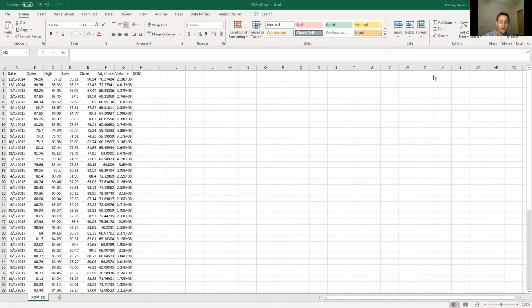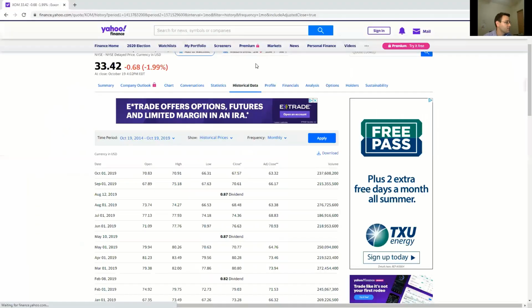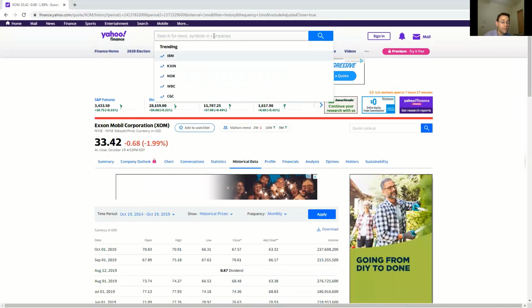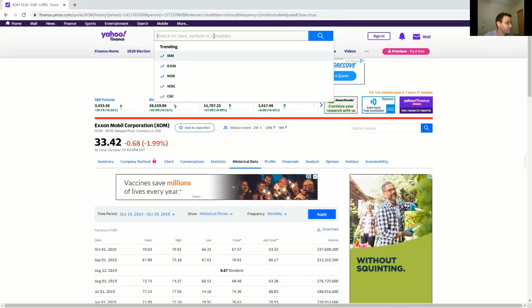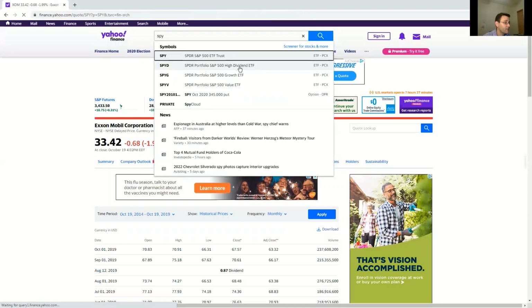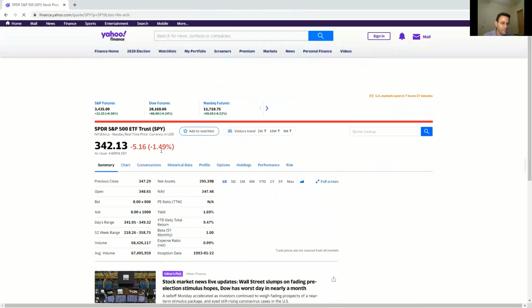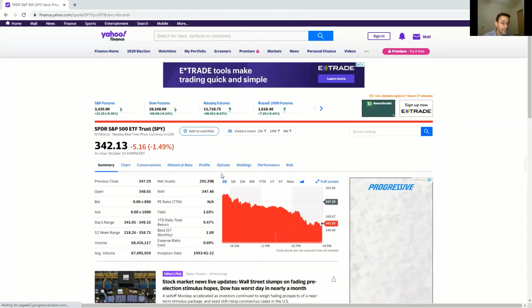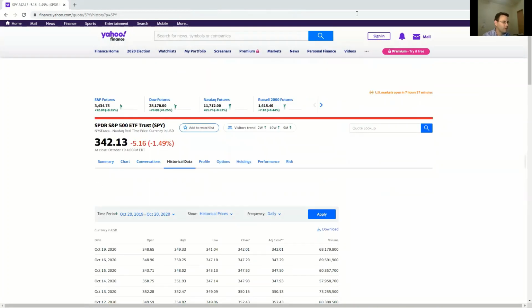So I'm going to pull back up Yahoo Finance, and I'm going to download data for the entire S&P 500. In particular, I'm going to use the SPY ETF. This is an ETF that just buys a basket of all the stocks that are in the S&P 500. So I get the same data that I got for Exxon, right? You go to historical data, you download the monthly data for the same time period. Okay, so I already did that.